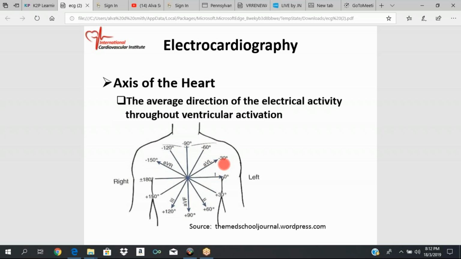Positive AVL is in the opposite direction: 30 and 150 is 180. So negative AVL is plus 150. Positive AVR is minus 150. So negative AVR is plus 130.